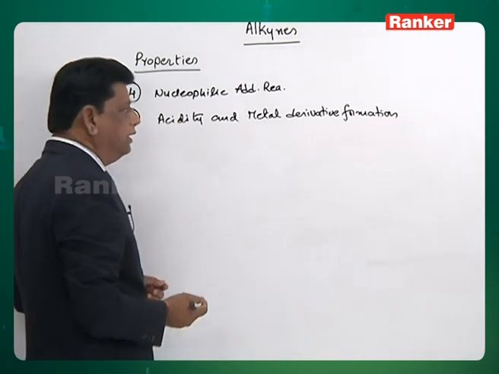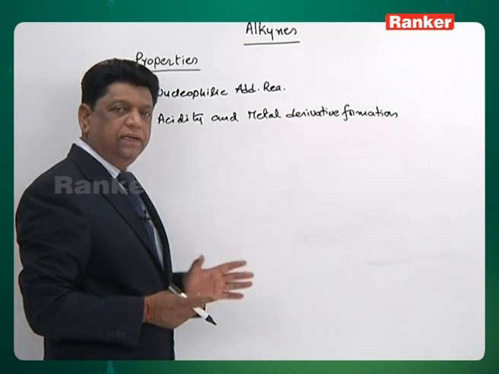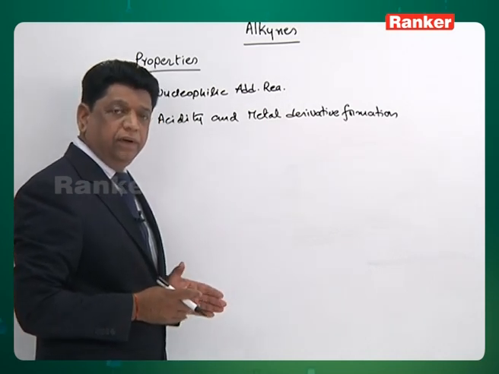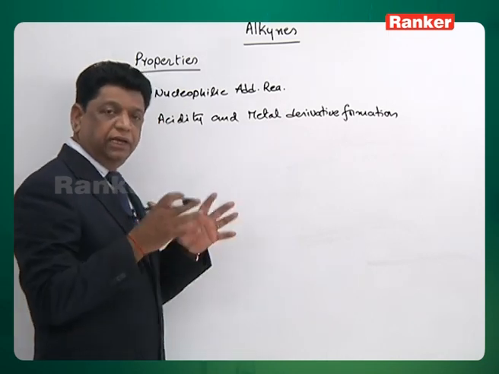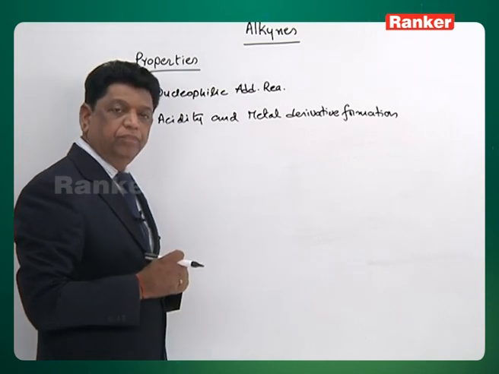As I said already when introducing, alkanes are neutral, alkenes are basic. Alkynes are expected to be more basic, but they are less basic because the electron cloud is held by the carbon.